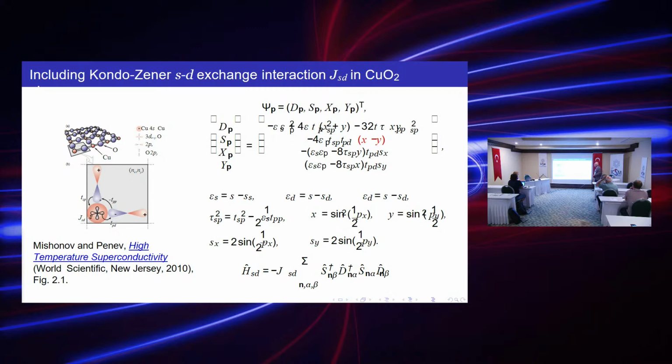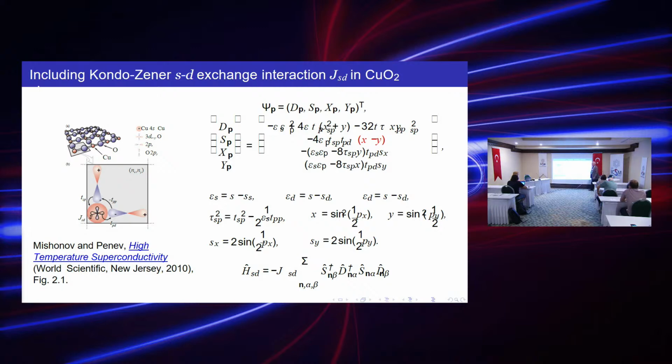In the picture we can see not only hopping integrals, which are very famous, but also Kondo exchange, a two-electron interaction. This two-electron interaction is actually correlation. One s electron becomes a d electron, and simultaneously one d electron becomes an s electron.